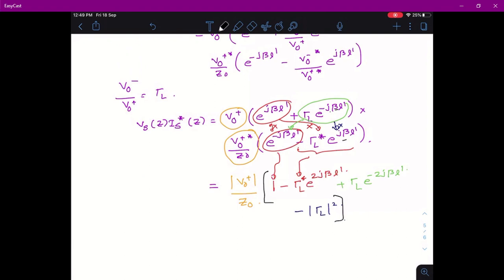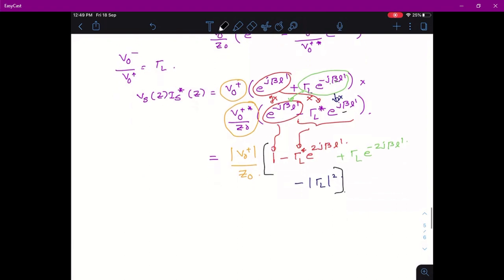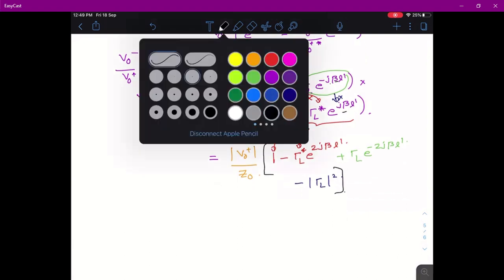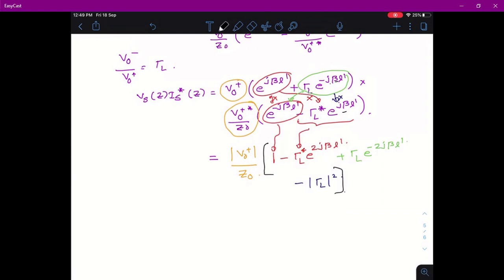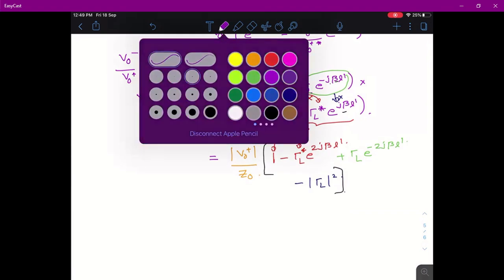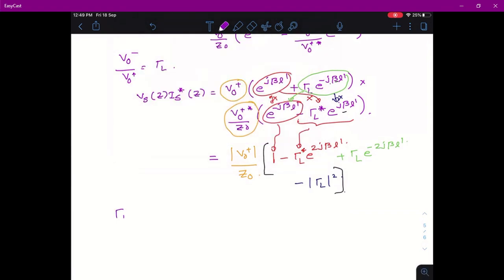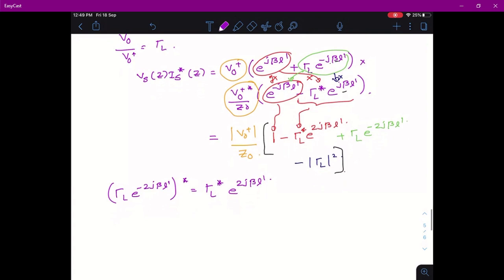There is tau L into tau L conjugate, which is mod tau L square. Okay. So, actually tau L e raised to minus 2 j beta L dash whole conjugate is equal to tau L conjugate e raised to 2 j beta L dash, which is these two.